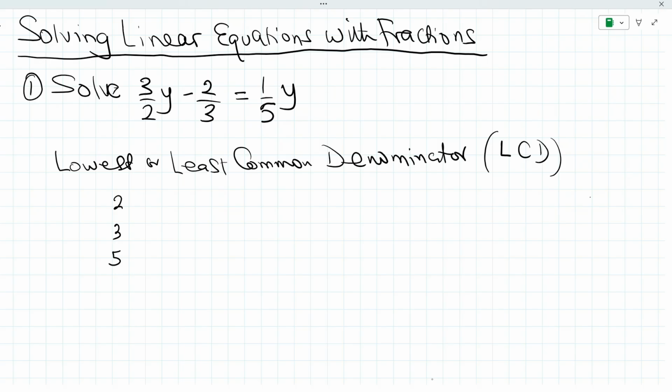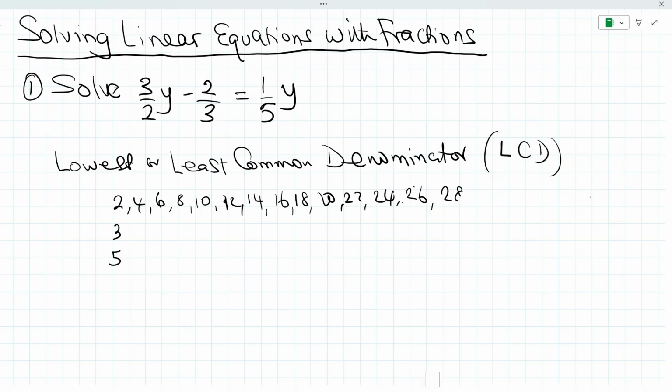So with the 2, we have 2 times 1 is 2, 2 times 2 is 4, 2 times 3 is 6, 8, 10, 12, 14, 16, 18, 20, 22, 24, 26, 28, 30, and so on and so forth.